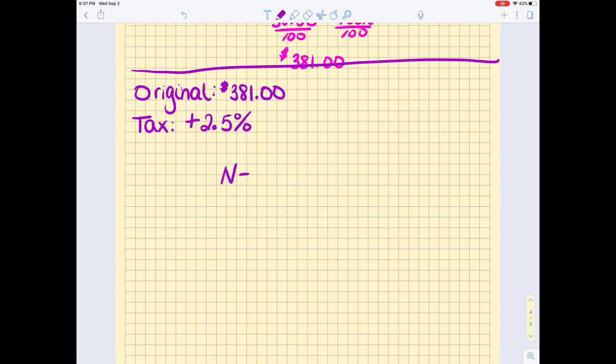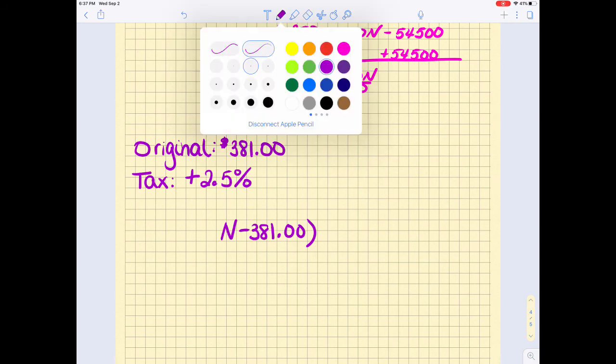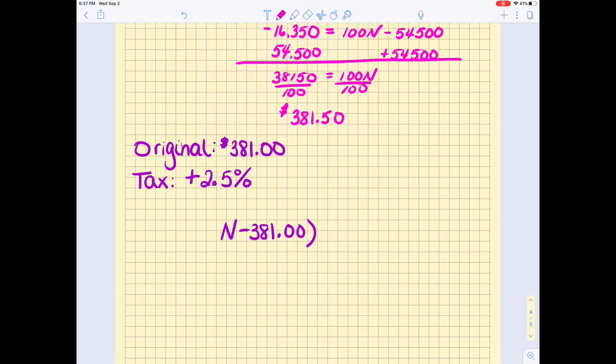Now we set it up just like before. N minus 381. You can put the 0.00 if you want. Oh, it's 50. Sorry, I couldn't read my own writing. This is 50 cents here. I thought that came out too nice. So let's go back and change this to 50 cents, and then this to 50 cents. Okay. All right.